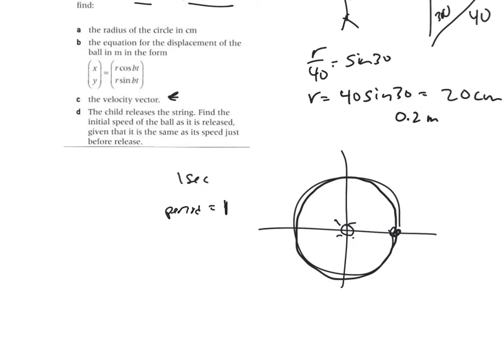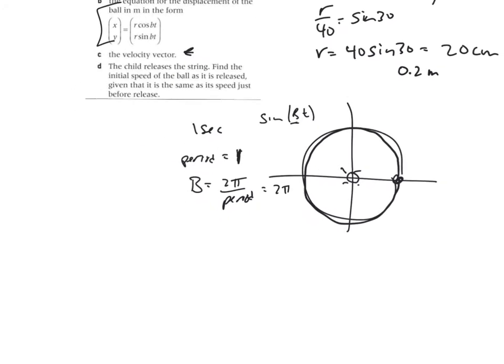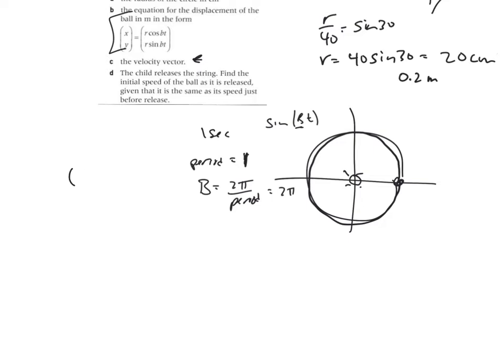And I also know that if I'm going to graph these, the b value of my sine bt or my cosine bt is always equal to 2 pi over the period, which in this case is going to be 2 pi. So now if I want to find my displacement vector, my x, y is going to be my radius, 0.2, times cosine. The reason why it's cosine is because, imagine this goes around here, right?